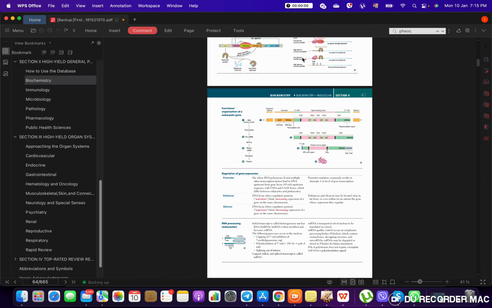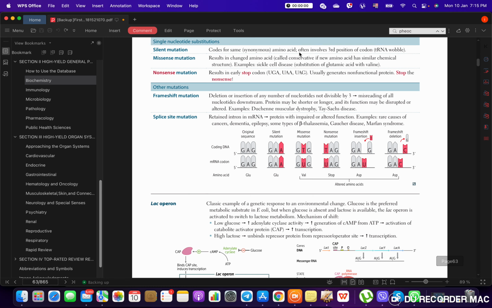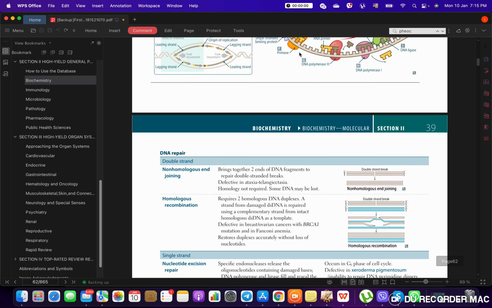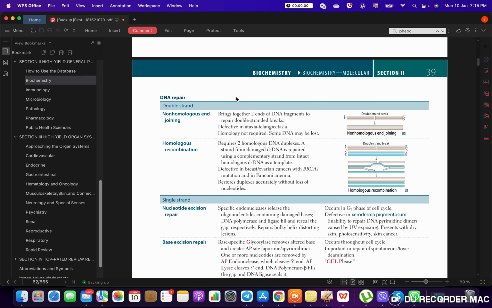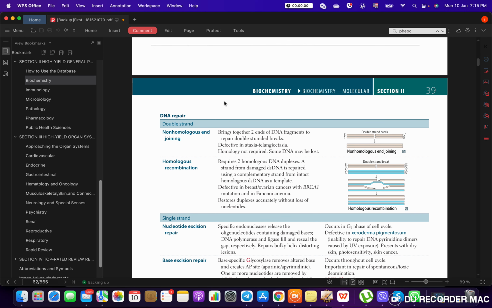So let's continue. Now we are going to speak about the DNA repair. So sometimes when we do this pairing of the chromosomes, guys, like we spoke about yesterday, if you remember, I told you we have 2 strands, and let's say we have the 3' end, and then we have 1 nucleotide, another nucleotide, another nucleotide, and the 5' end.